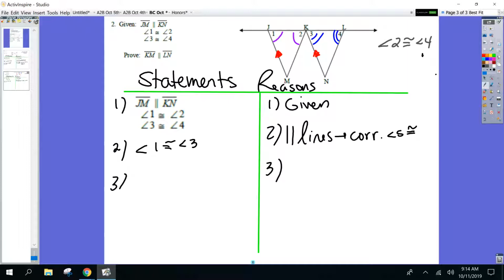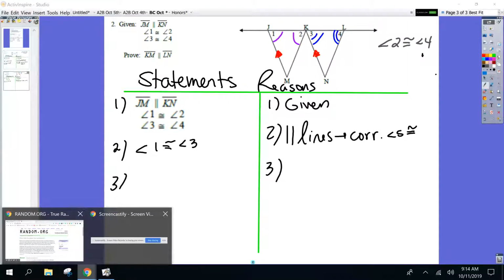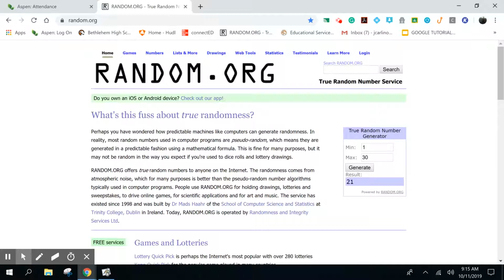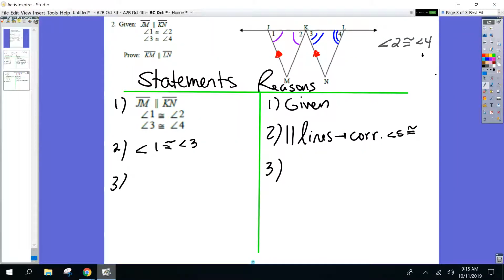Pick 2 of them that I can perform substitution on. I got 3 of them here, correct? If I take these 2, I can use substitution.